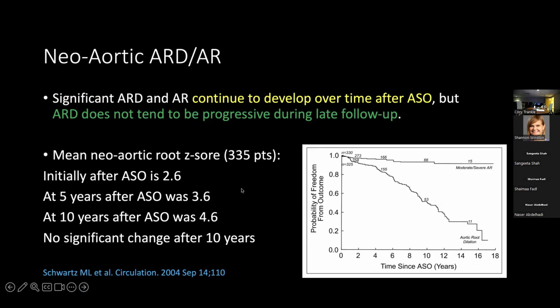In one of the studies, they collected patients who went into arterial switch surgery between 1980, I think, till 2000, like 335 patients, and they found that initially the Z-score for the new aorta was 2.6. The normal Z-score ranges from -2 to +2. At 5 years, it progressed to 3.6 at the mean. At 10 years, it was 4.6, but usually after 10 years, there is no significant change.